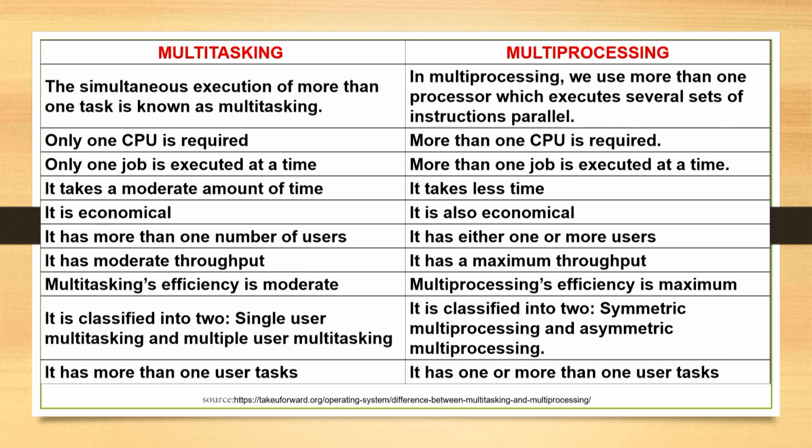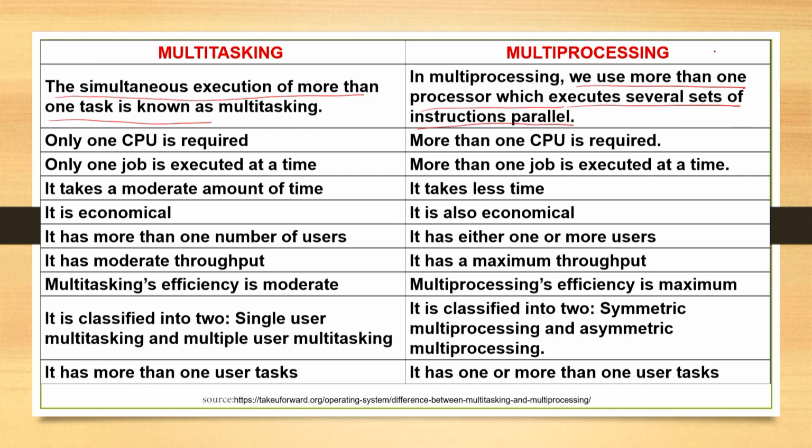Multitask means more than one task, and multiprocessing means more than one processor. In the case of multitasking, there is simultaneous execution of more than one task. Whereas in multiprocessing, we use more than one processor, which executes several sets of instructions in parallel.